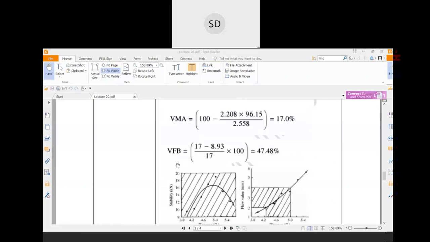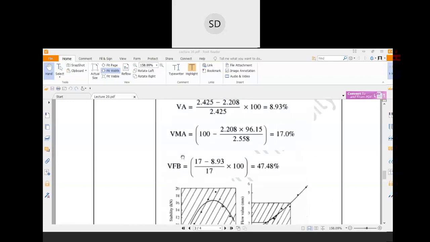After calculating the VMA value, you have to calculate the VFB value. VFB means voids filled with bitumen. It is calculated using the VMA value, because that part of the VMA would be occupied by the bitumen content. So that would be 17 minus your air voids, 8.93%.